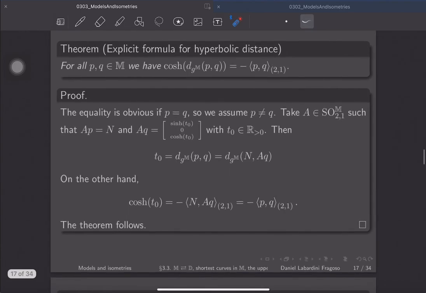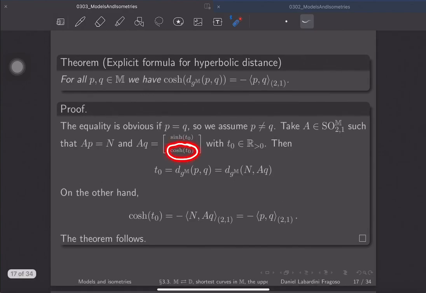On the other hand, consider the hyperbolic cosine of T naught. Notice if you pair n with this point, recall that n is (0, 0, 1), you obtain only minus hyperbolic cosine of T0. So the hyperbolic cosine of T0 is minus the pairing.